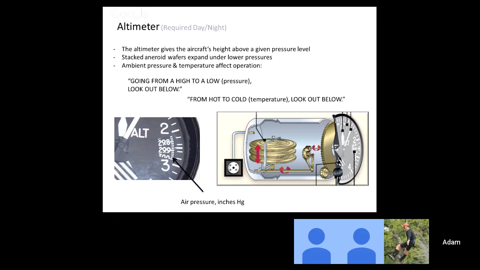Your altimeter could be giving you a false reading, thinking you're higher than you actually are. And then there's from hot to cold, look out below. If you're flying from higher temperatures to lower temperatures, a similar issue: your altimeter may be telling you you're higher than you actually are.